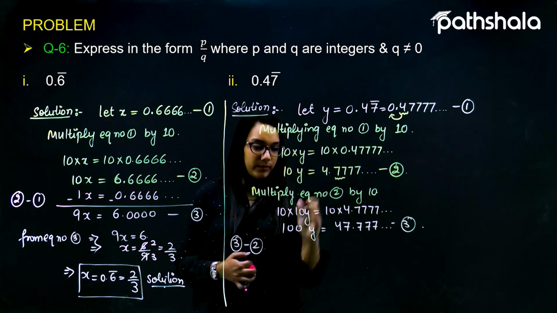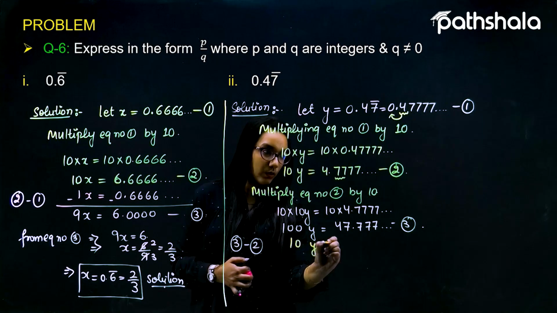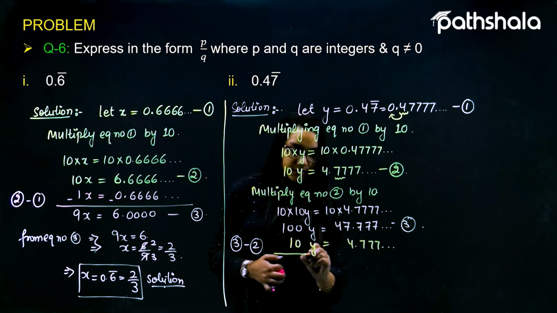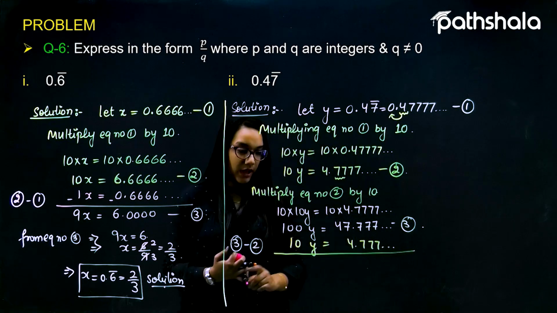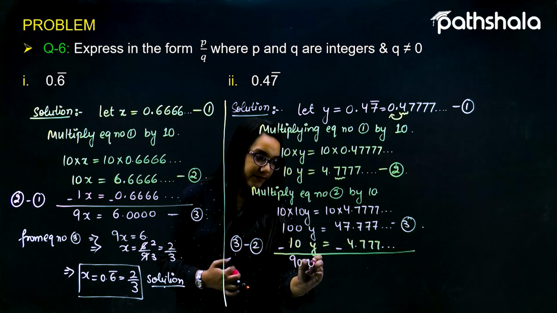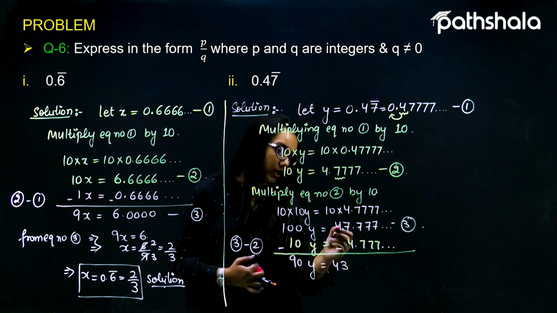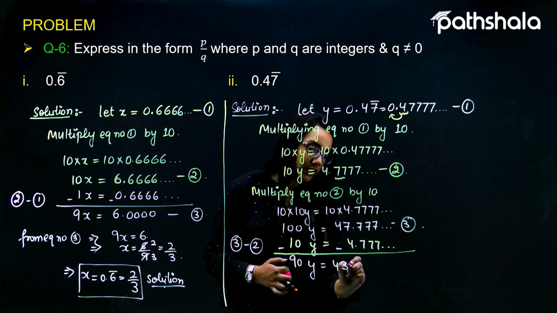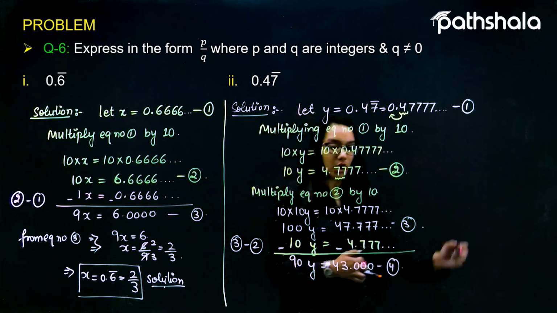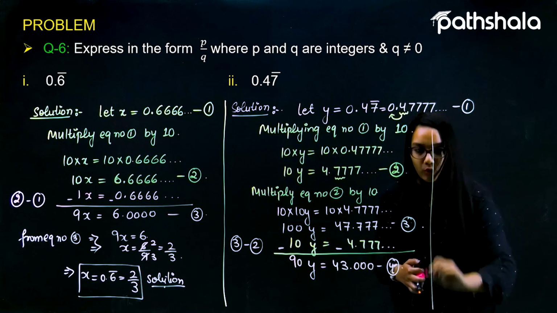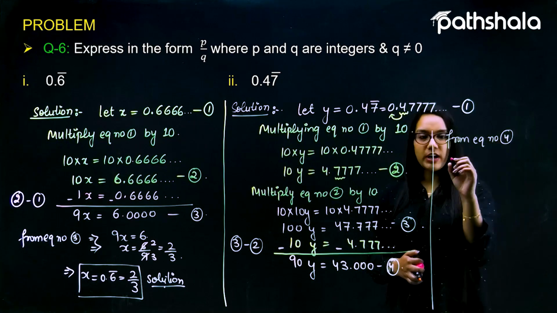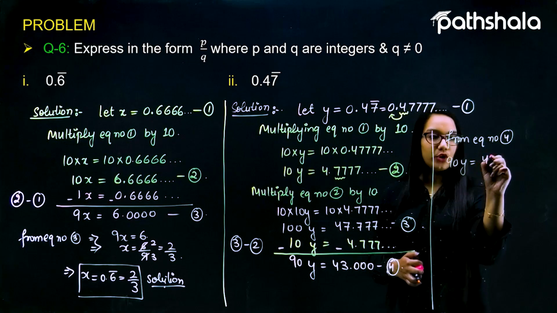So it will be 100y minus 10y, which is 90y, equal to 47.777 and so on minus 4.777 and so on. Subtracting, 47 minus 4 is 43.000 and so on. Let us call this equation number 4. From equation number 4, we get 90y is equal to 43.